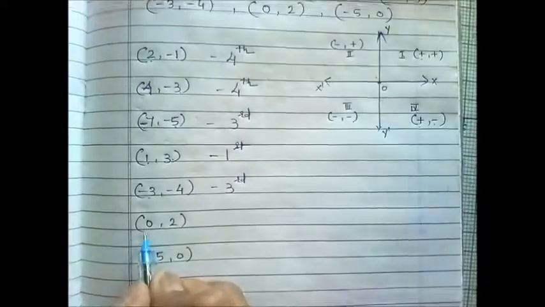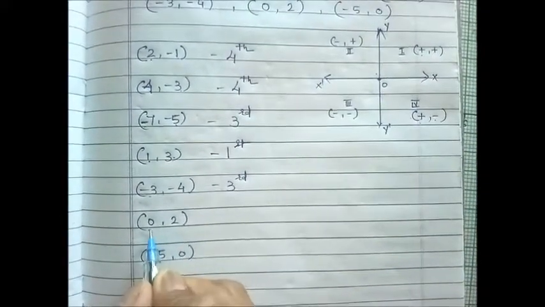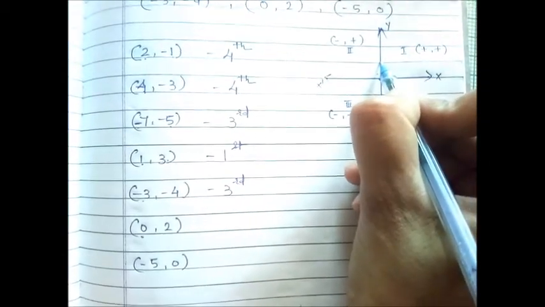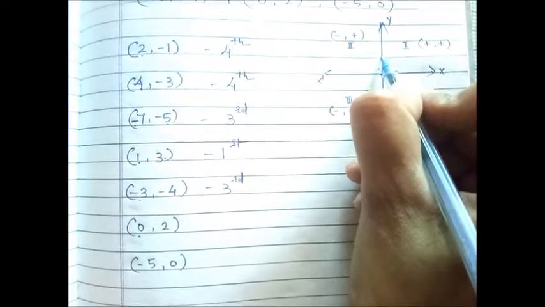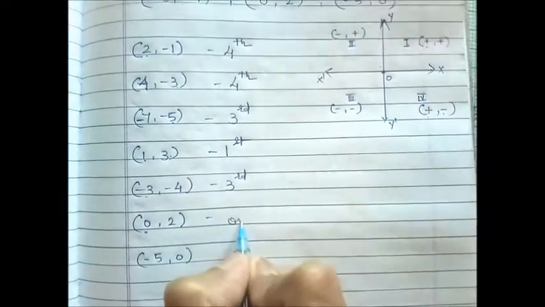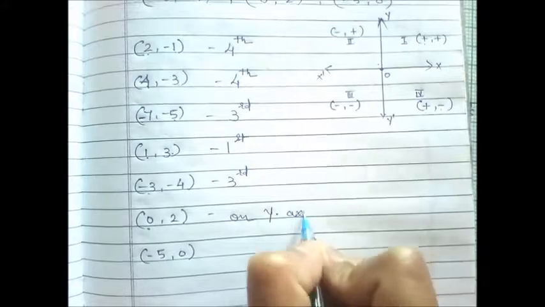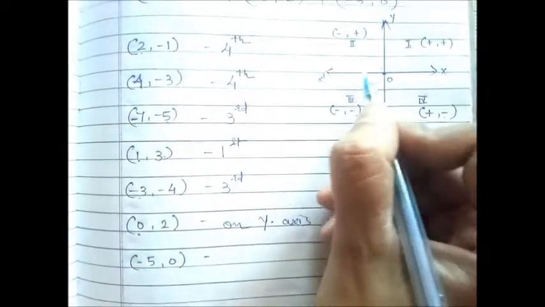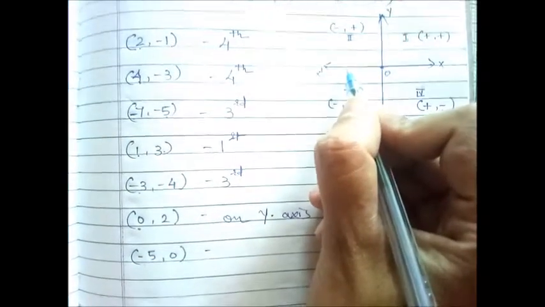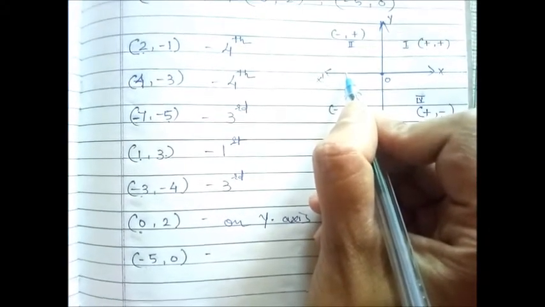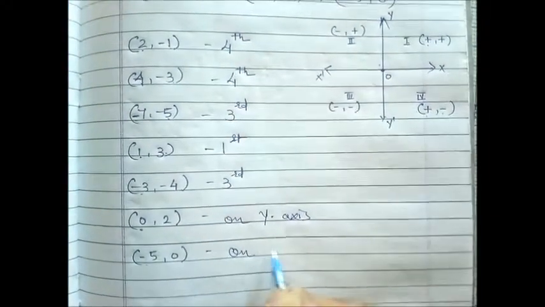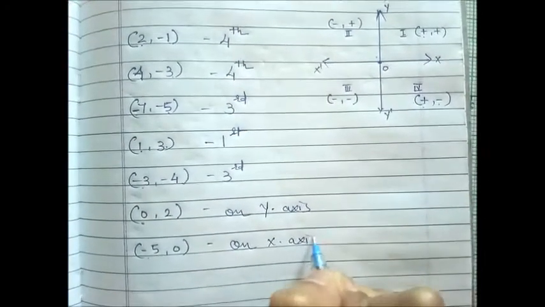Now see this (0, 2), x is 0 and y is 2, that means it will come here, that means on the y axis, right? Same way x is -5, it will be here, and y is 0, that means on which axis will it come? It will come on the x axis, right?